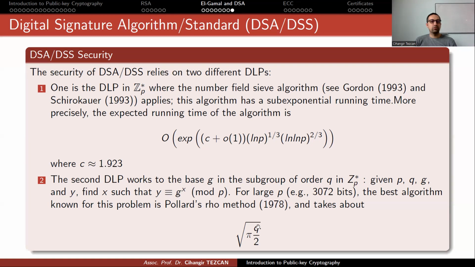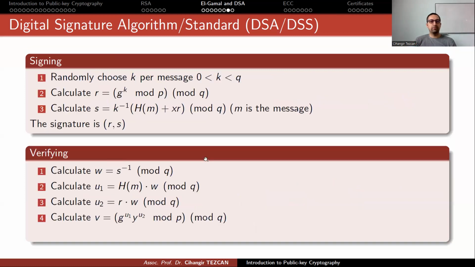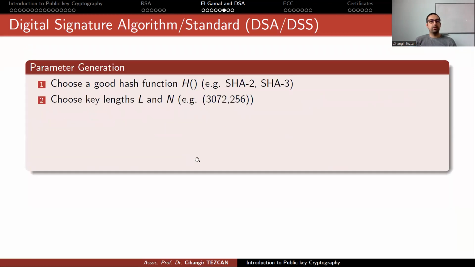This is why we actually chose our, recall that we start with choosing two random, let me go back. Here we chose two key lengths, L and N. We choose N equals to 256 due to Pollard's rho algorithm. We choose L equals to 3072 due to the number field sieve method.